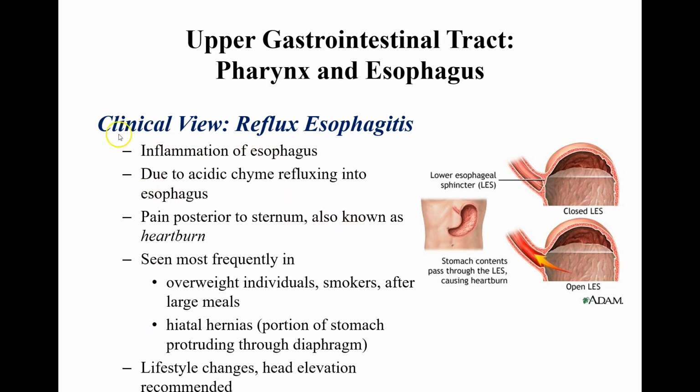So a disorder associated with the esophagus is called gastric reflux, or heartburn. That's another name for it. Everybody has probably suffered from heartburn at some point in time. When you look here, this is a stomach that has gastric juice. Gastric juice is highly acidic, with a pH of about 1. And here we have the esophagus.